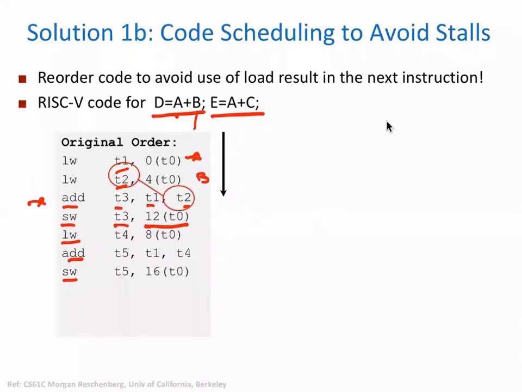The value of T2 is not yet written by the previous instruction. So here we will have to have a stall, or hold the pipeline, until the value of T2 is available. That's one solution.